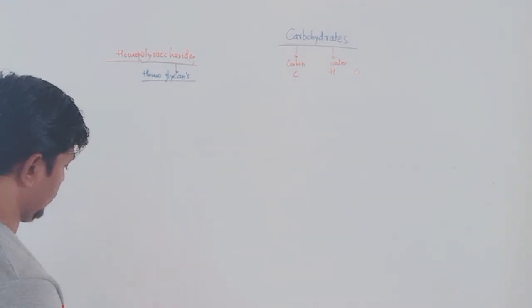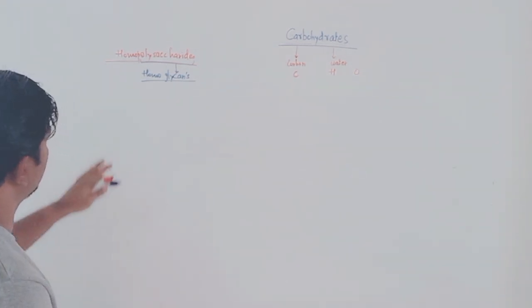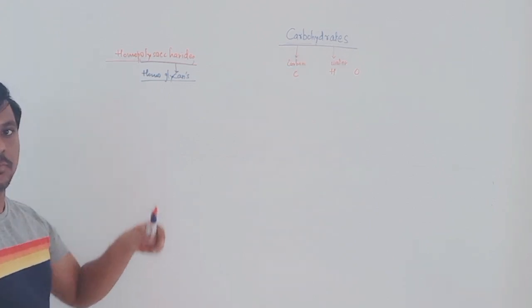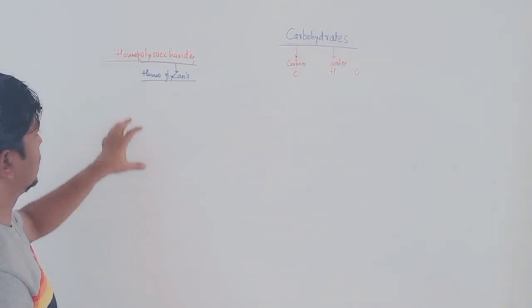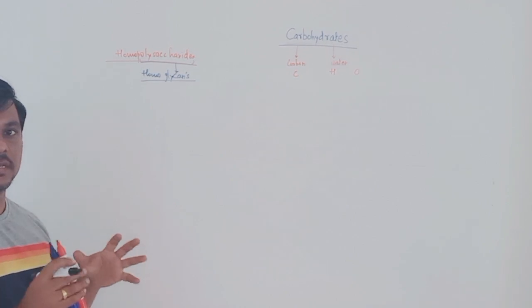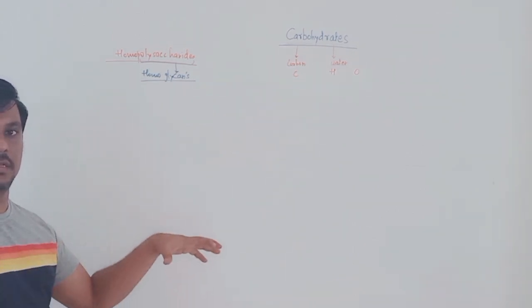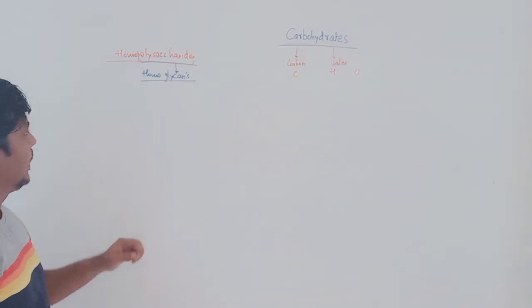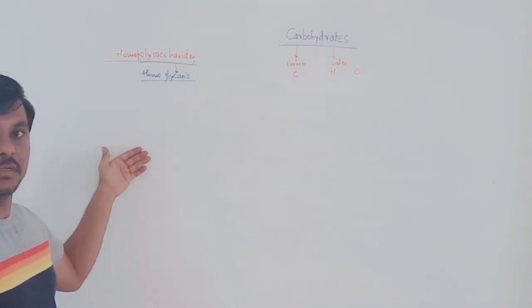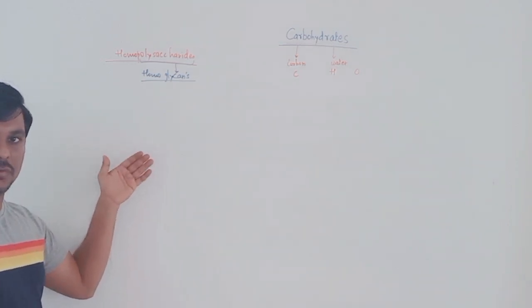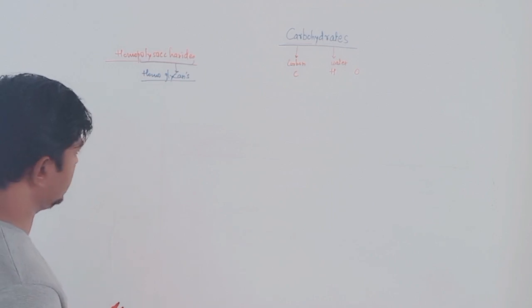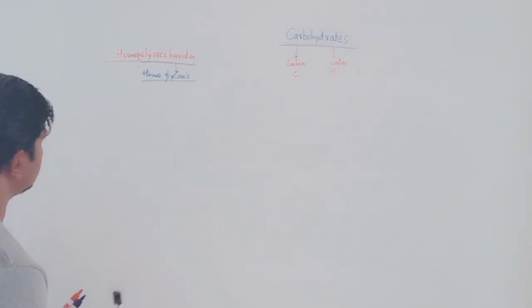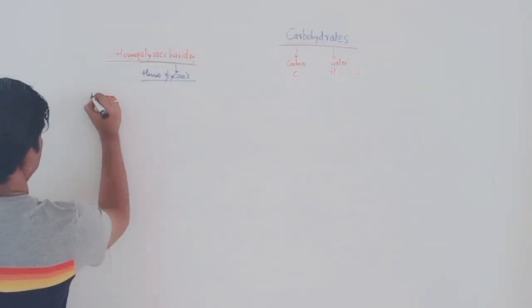Okay, so I have told you the examples of homopolysaccharides. Homopolysaccharides are the polysaccharides which contain a single unit of monosaccharide in their chain. The examples are starch, glycogen, cellulose, and inulin. So we'll see those examples one by one. We will start with starch.